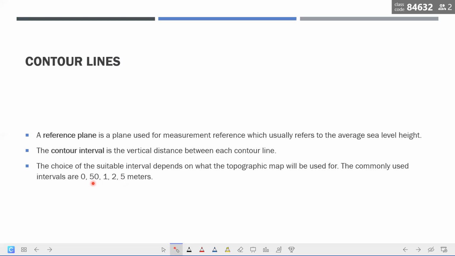You might need to use 1 meter or 2 meter intervals, or maybe even 5 or 10 meter intervals, really depending on the scale of the map that you're working with, the size of the site, and of course the object that you're designing. Some developments may require a very highly detailed contour map. Others, not so much.